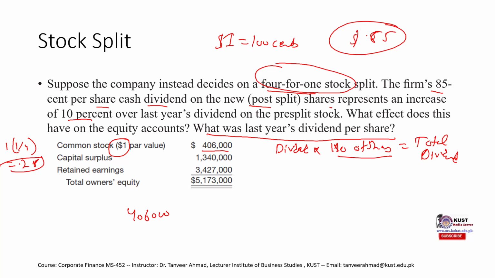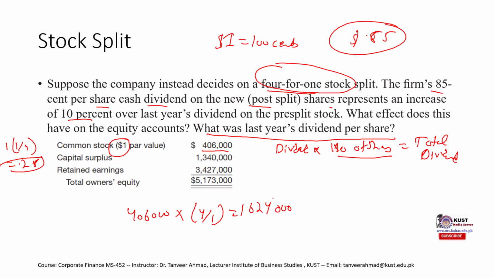So previously, if there were 406,000 shares, after the 4-to-1 split we need to multiply 406,000 by 4. So this would be the new number of shares outstanding.